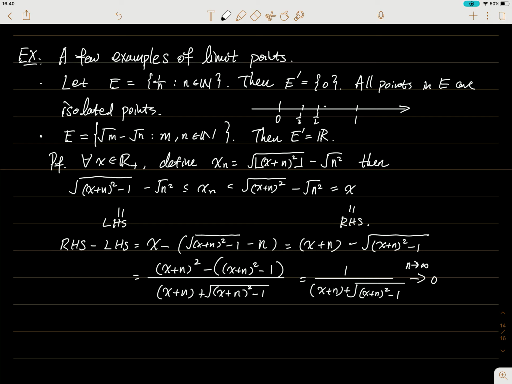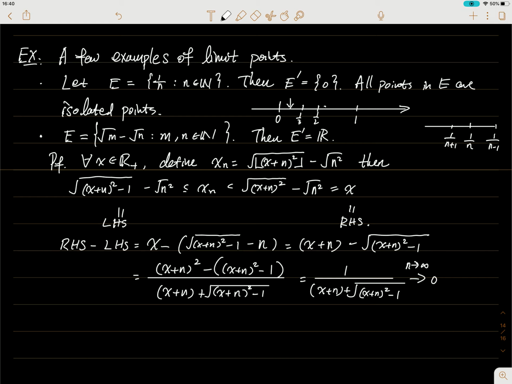And you look at any point, say I zoom in somewhere in here, then this is 1 over n, this is 1 over n minus 1, this is 1 over n plus 1.